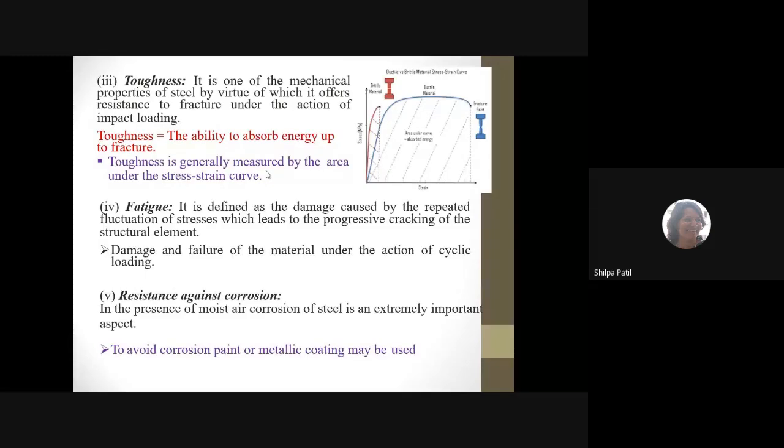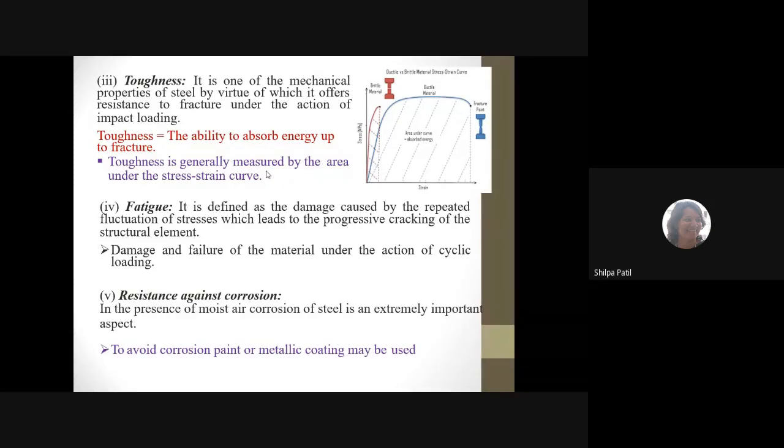Next is fatigue. Fatigue is another important property, defined as the damage caused by repeated fluctuation of stresses which leads to progressive cracking of the structural element. When any structural element is subjected to successive or repeated fluctuation of stresses, normally in a situation of cyclic loading, fatigue develops in the material.